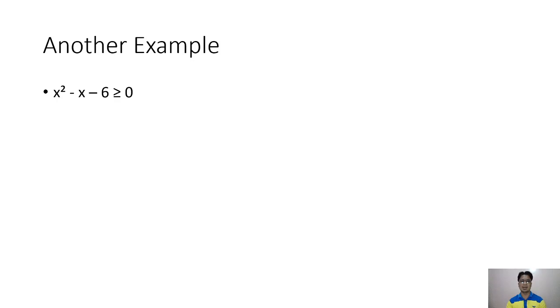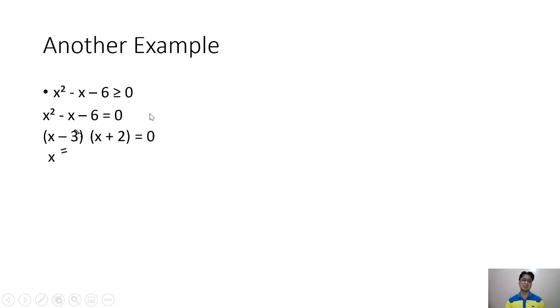Okay, we have here now x squared minus x minus 6 greater than or equal to 0. Again, kagaya ng nabanggit natin, palitan muna natin ng equal and then solve for the roots. Factors natin, x minus 3 at saka x plus 2.